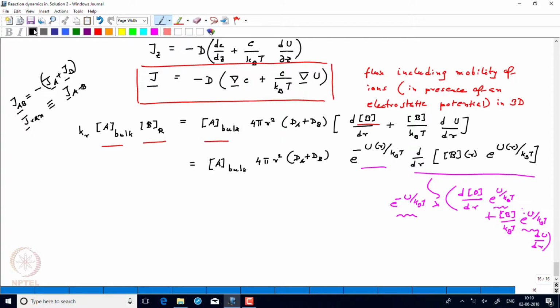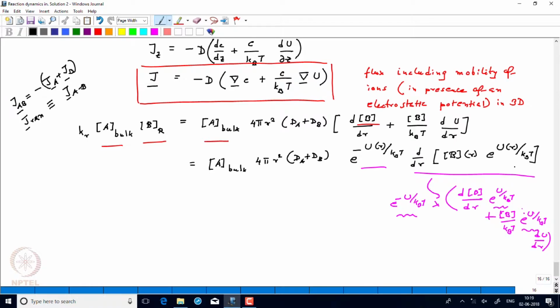So ultimately, we are now going to rewrite the entire equation, because as you can see, I have a derivative of this entire quantity, B times e to the power u(r) by kBT.